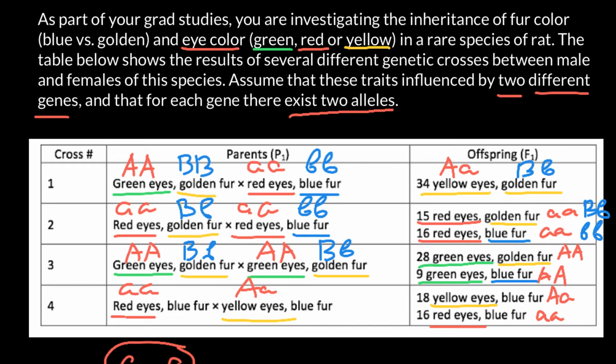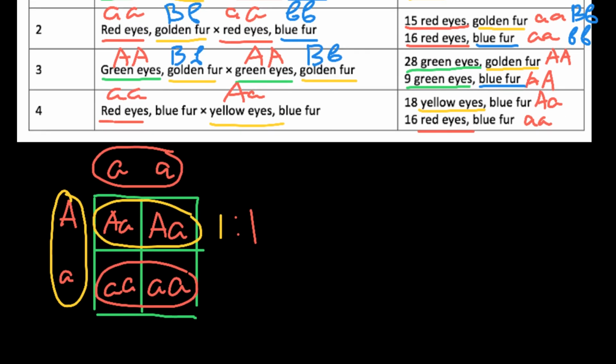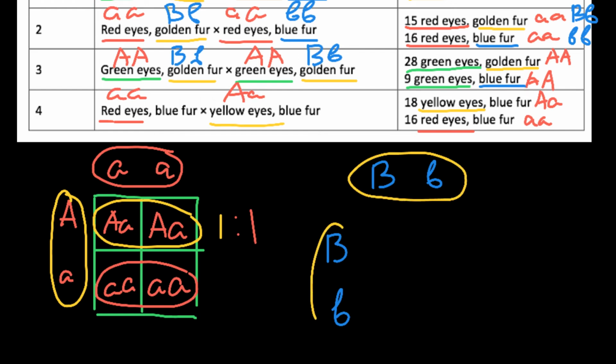Let me show you what we have here. One parent is heterozygous, capital B and small b. Another parent is also heterozygous, capital B and small b, and has golden fur. So this is going to be the phenotype.